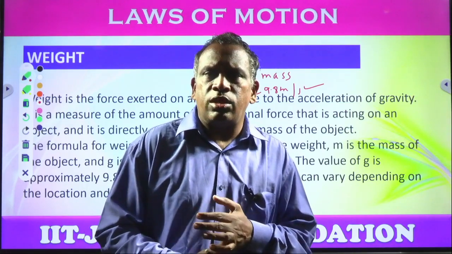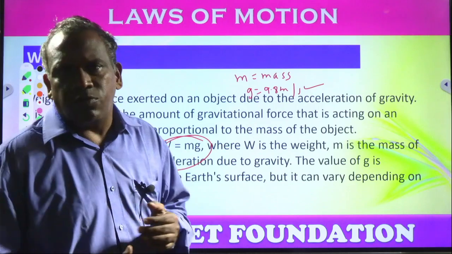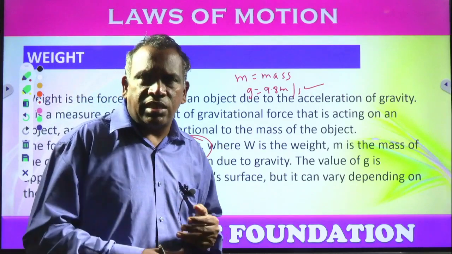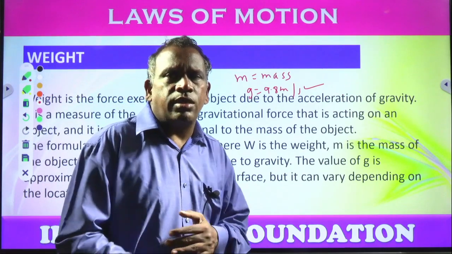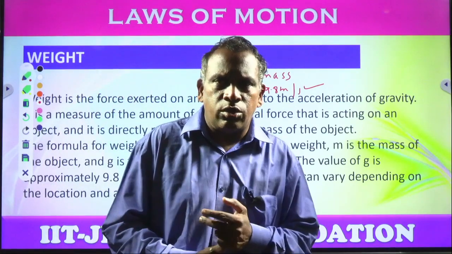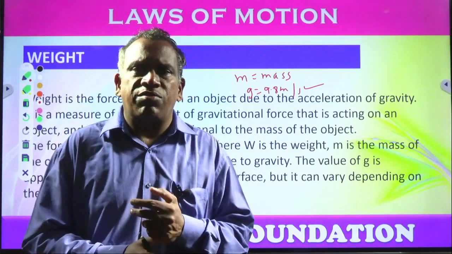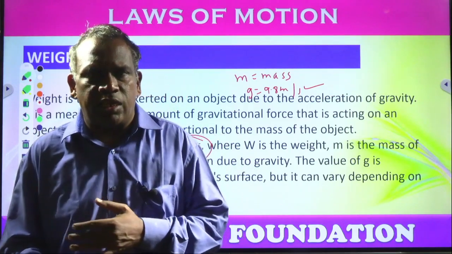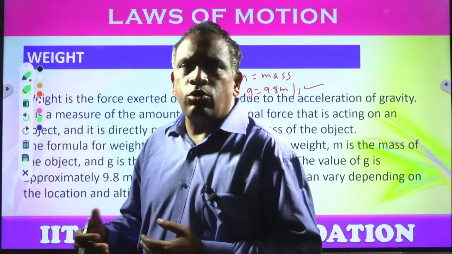So the g value on the moon is 1/6, hence weight is also 1/6. For example, if you are 60 newtons on the surface of the earth, it may not be 60 newtons on the surface of the moon. 1/6 of 60 becomes 10 newtons only.